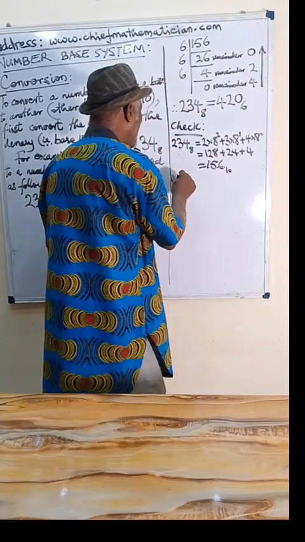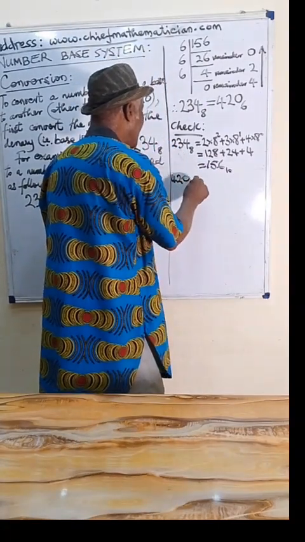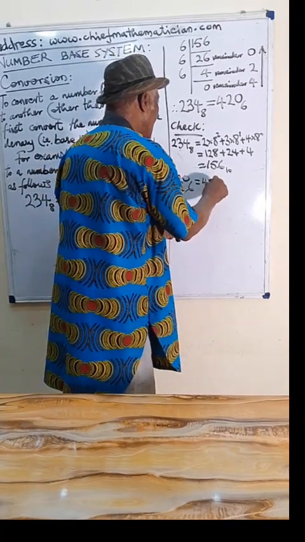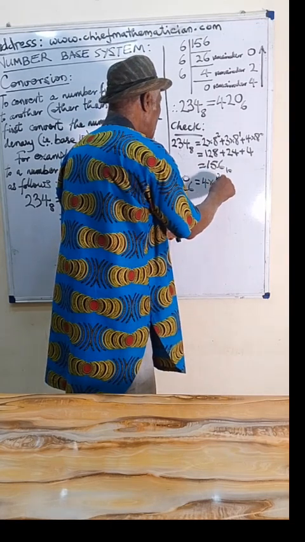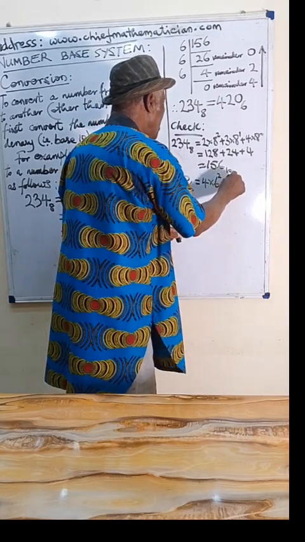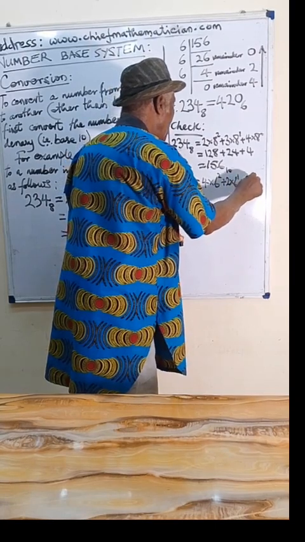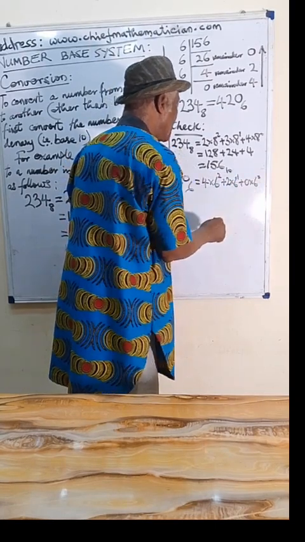Now 420 in base 6 is equal to 4 times 6 to the power 2 plus 2 times 6 to the power 1 plus 0 times 6 to the power 0.